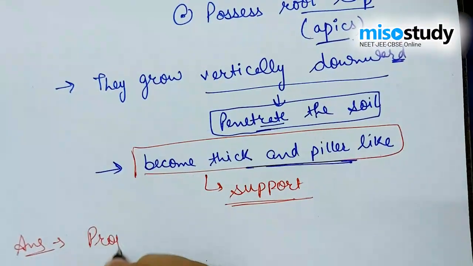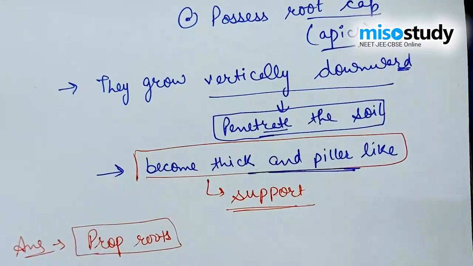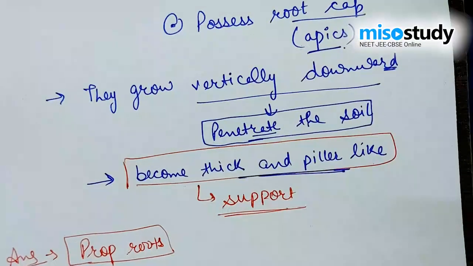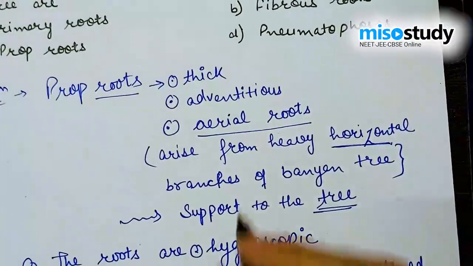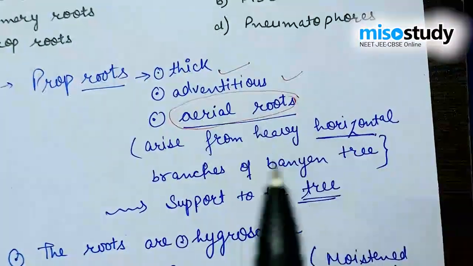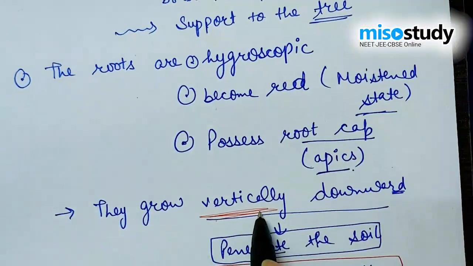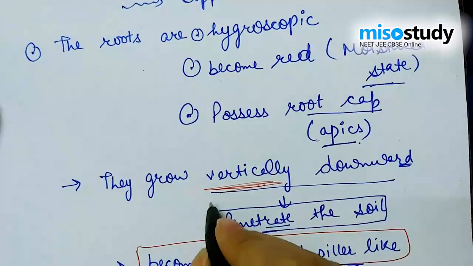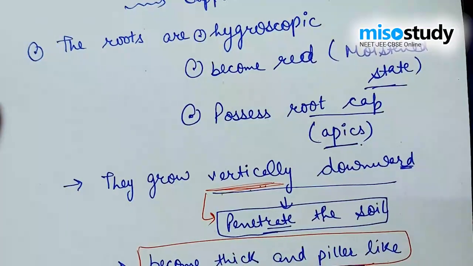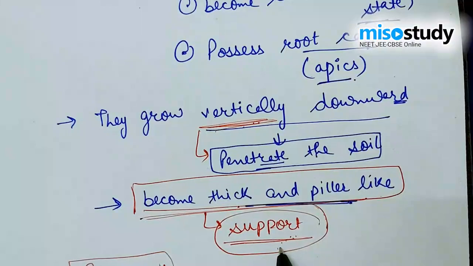So according to the discussion, prop root is the right answer, which provides support in the banyan tree. Why is the prop root the right answer? Because they are thick, they are adventitious, and they are aerial roots. First they grow horizontally, then vertically, and by growing vertically they penetrate the soil, and after penetrating they become thick and pillar like, and in the end the main function is to provide support to the plant.